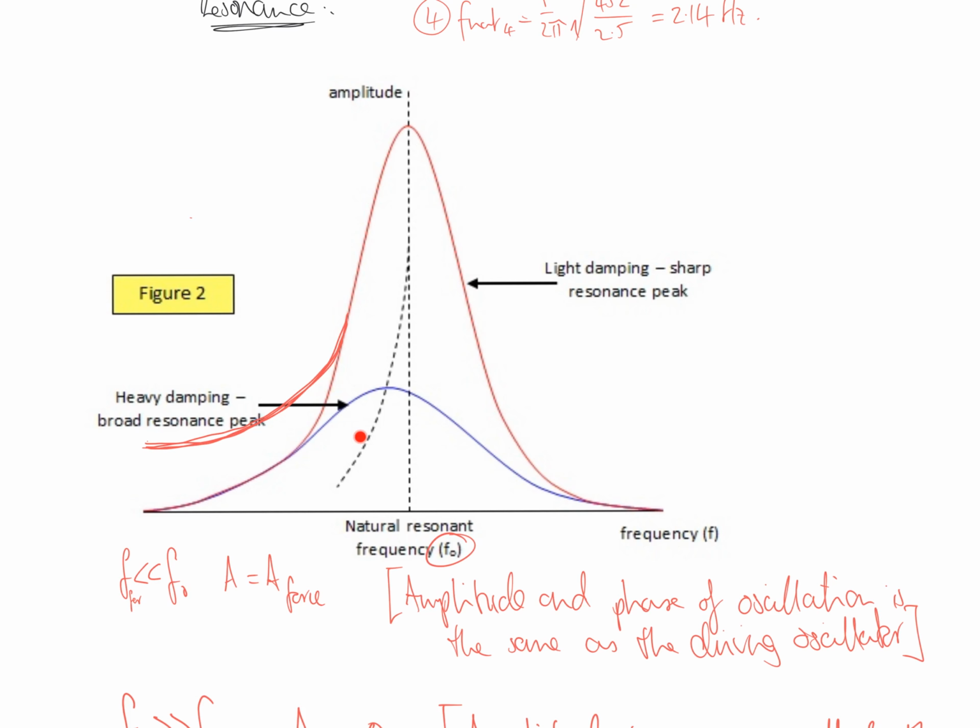So there's a wider response frequency, whereas here it's a very narrow response frequency. And the next one, let me just sketch it in, will look even more broad. More damping again.